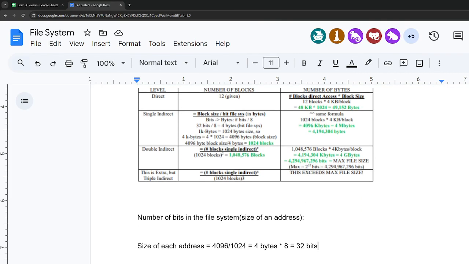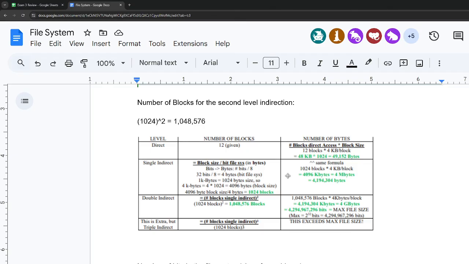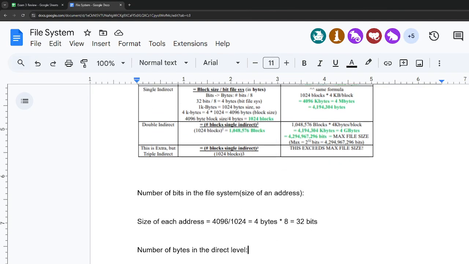Awesome. All right, and then for the number of bytes in the direct level, the problem told us there are 12 blocks for direct access, and each block is 4096 bytes.